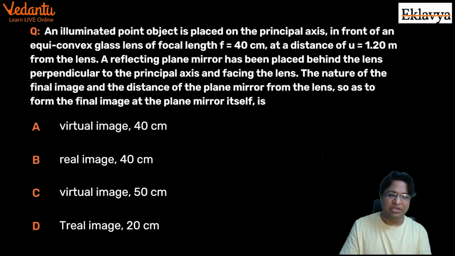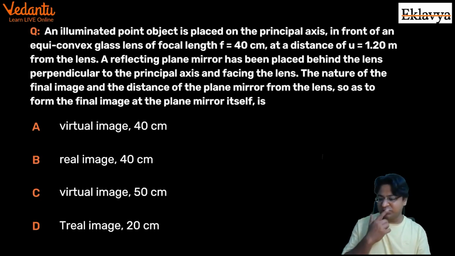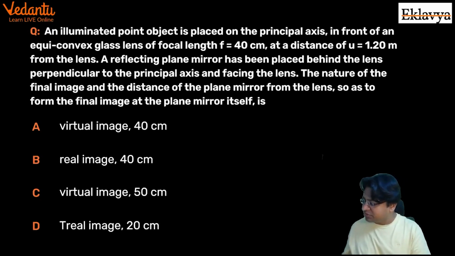So it says an illuminated object is placed on the principal axis in front of an equiconvex glass lens of focal length 40 centimeter, distance of 120. I think a similar situation was present in one of the previous questions. Focal length was 40, distance was 120. I think it was question number 19 actually.